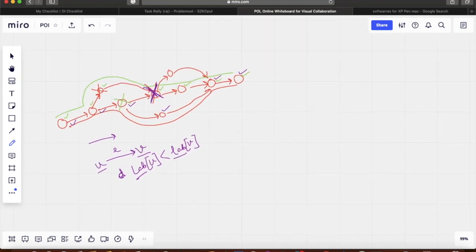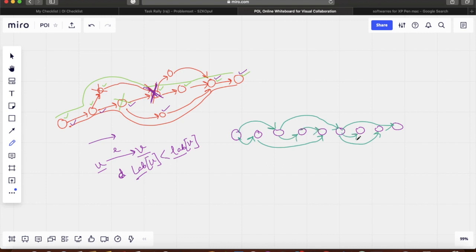Once we do a topological sort, we now have our graph in the form of a line, and all these edges go from one node to the right. Now let's try to trace the longest path in this array we have got from the topological sort.